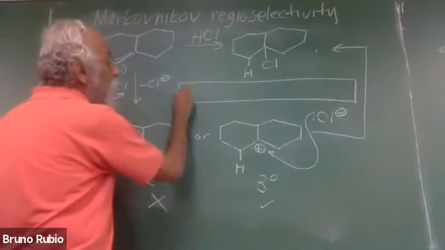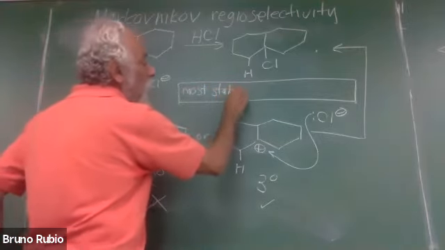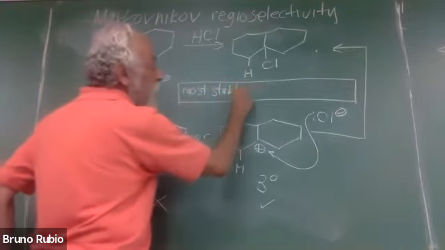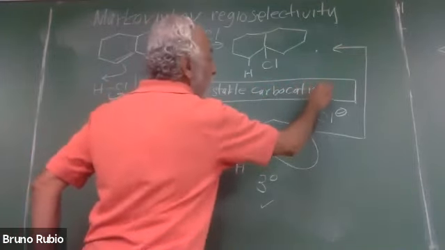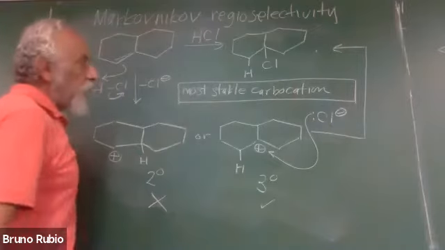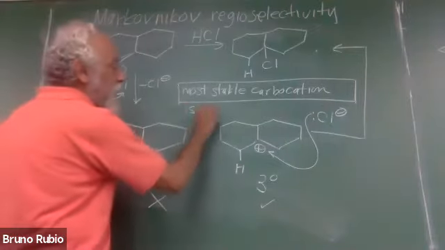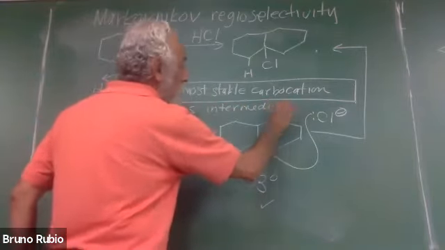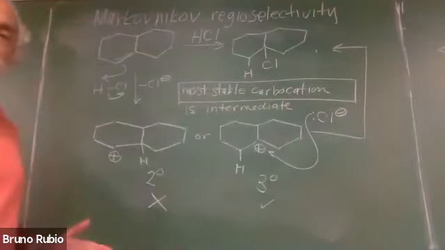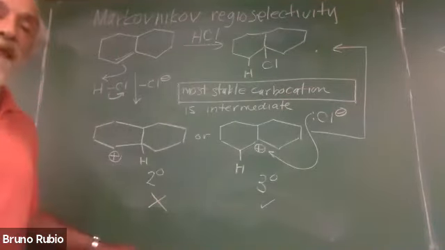It means the most stable carbocation is formed as an intermediate. Right, so that's Markovnikov regioselectivity, and that's the Markovnikov rule.